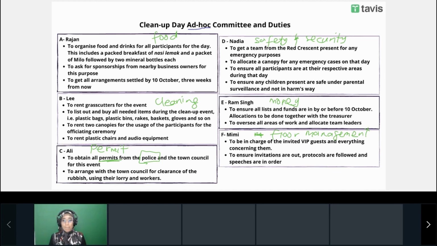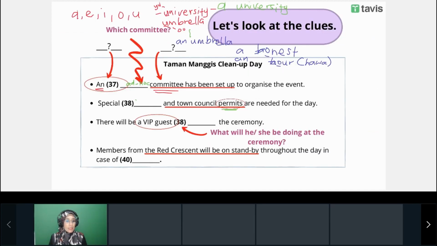So the answer is special police. Is it just police? Yes, just keep it that way. Keep it simple and sweet, because it's looking for only one word. So, special police. If you got that correct, well done.